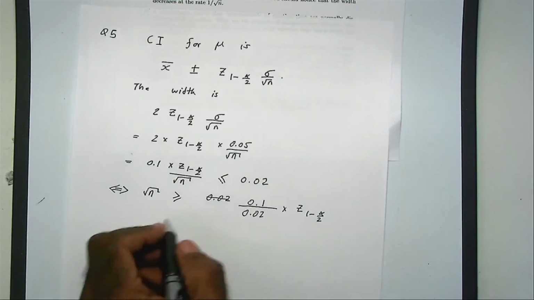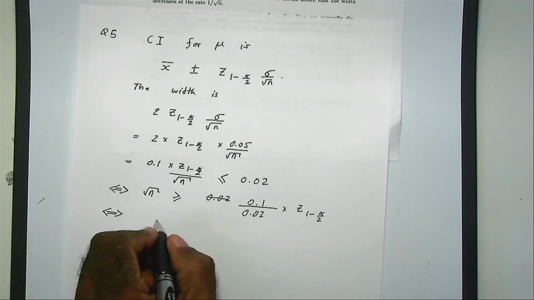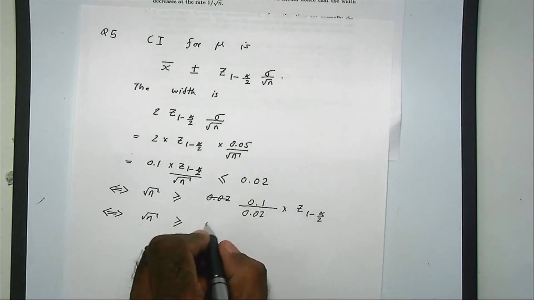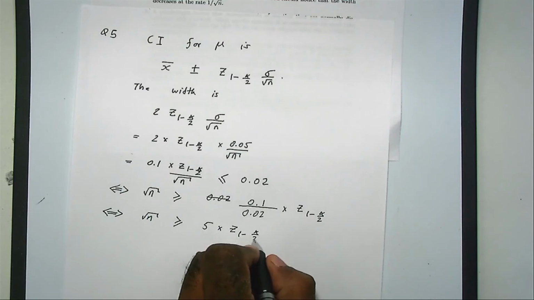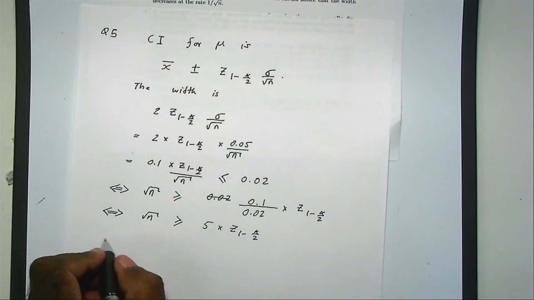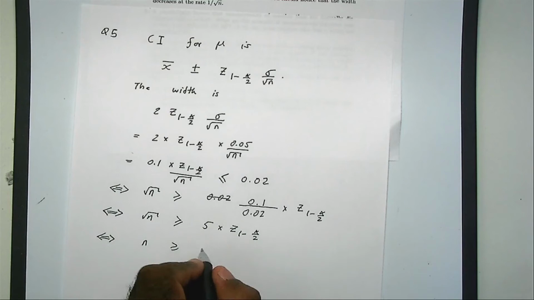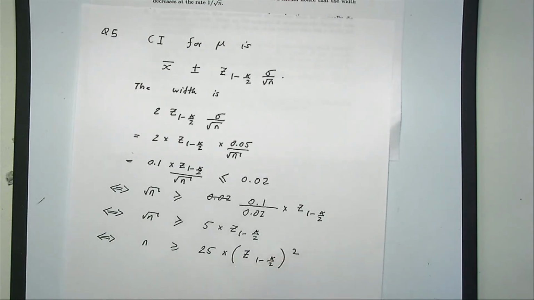Okay, so this is the same as saying that root of n is greater than or equal to 5 times this. Now if you take the square of both sides, this becomes n, and the square of this is 25 multiplied by this squared. Okay. So this is what we want.